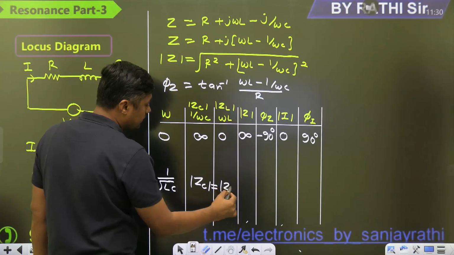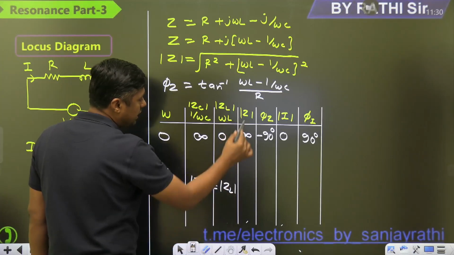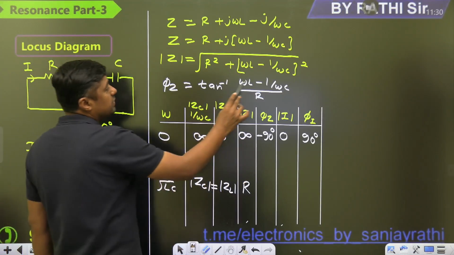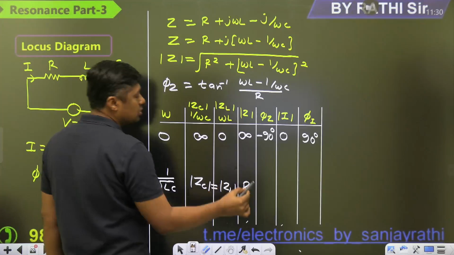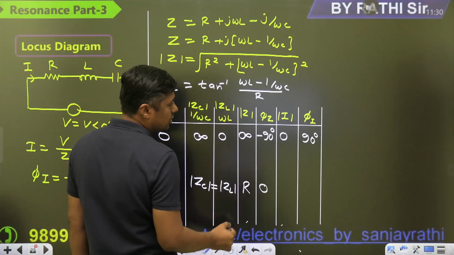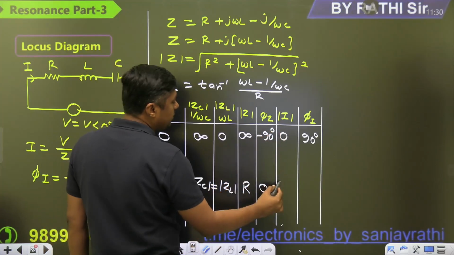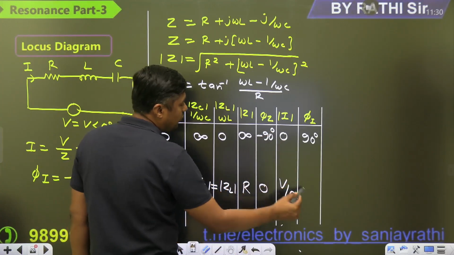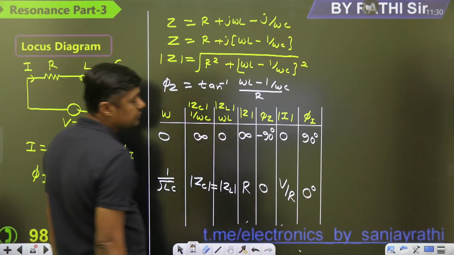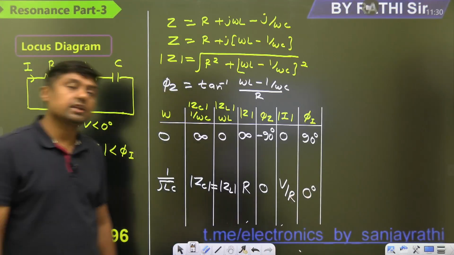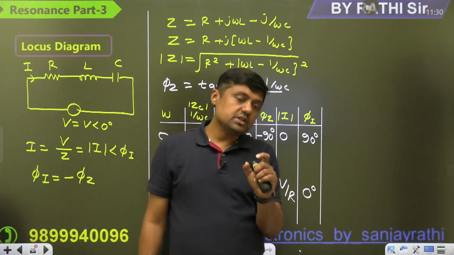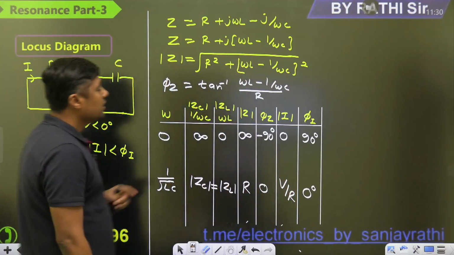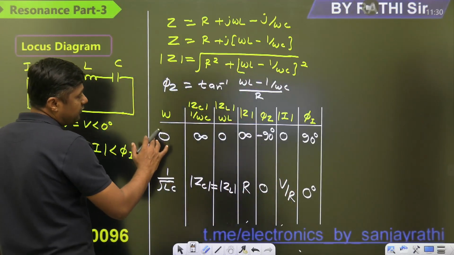Magnitude of ZL. And that's why it will become purely resistive. When it is purely resistive, this term will become 0. What is the tan inverse of 0? 0 degree. What is I? I will become maximum, V by R. And what is the angle of I? Again it will become 0. Again, in a purely resistive circuit, what is the phase difference between voltage and current? 0. So in the capacitive circuit, the angle will vary from 90 to 0.